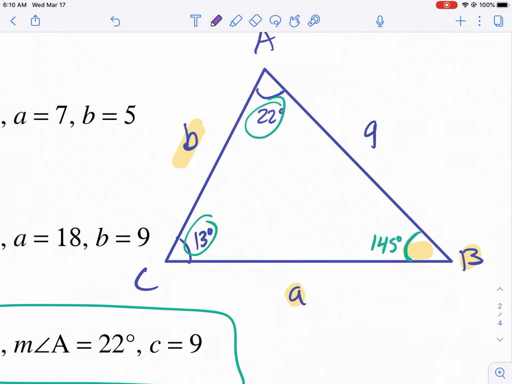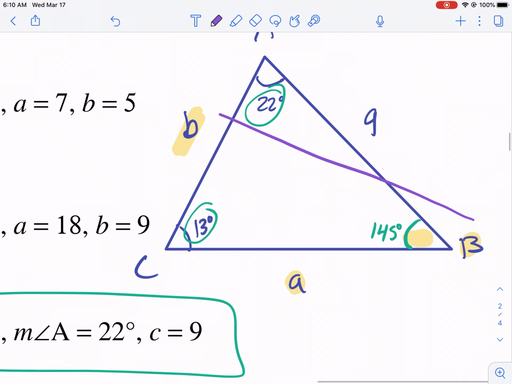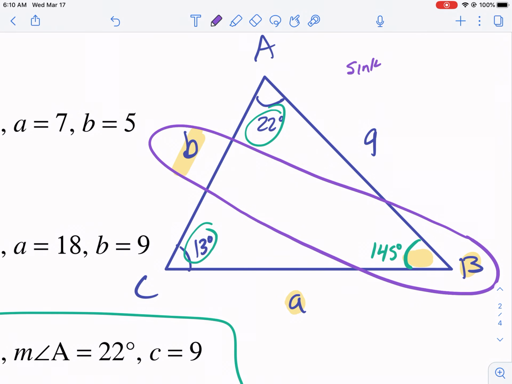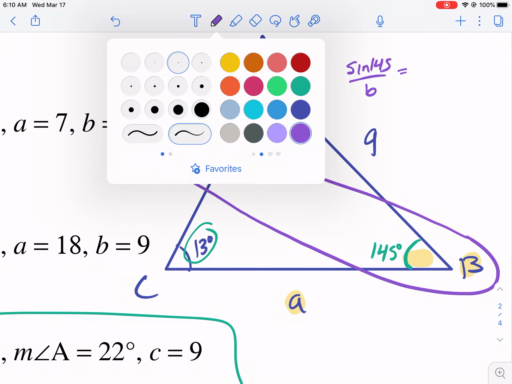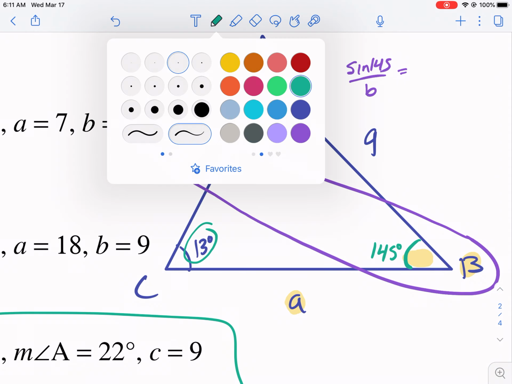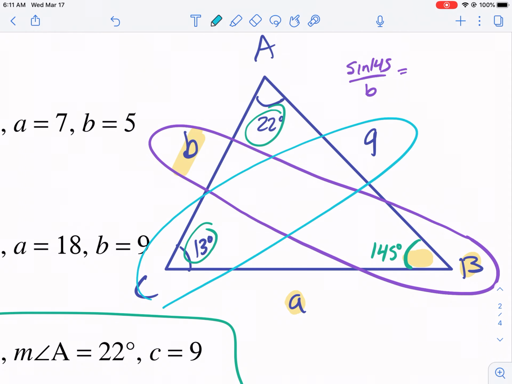Okay, the second thing I'm going to do is set up this proportion here. That's going to be sine of 145 over b, and this is going to be equal to my other guy, sine of 13 over 9.